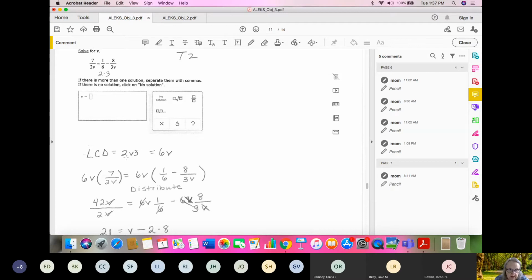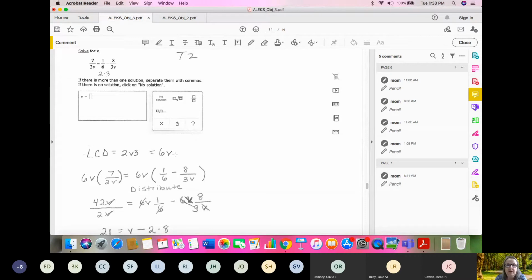So let's multiply the 2 and the 3 together to get 6, and then multiply times that V. So we get 6V. What do we do with the least common denominator? We multiply both sides of the equation with it because we're trying to cancel or remove those denominators. I mean, there's really going to be an understood 1 in each one of those denominators, but that doesn't cause us problems when we are solving equations.